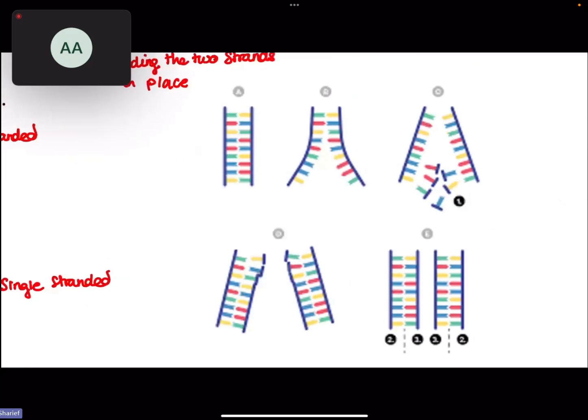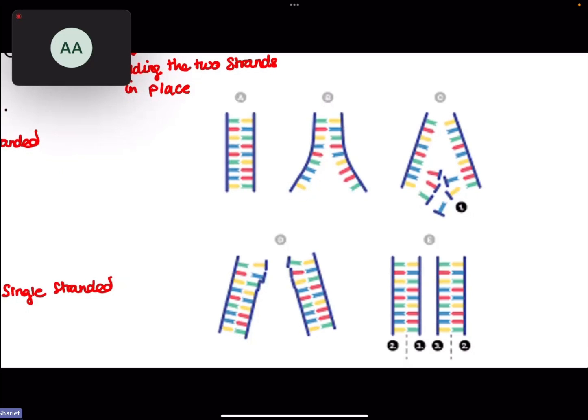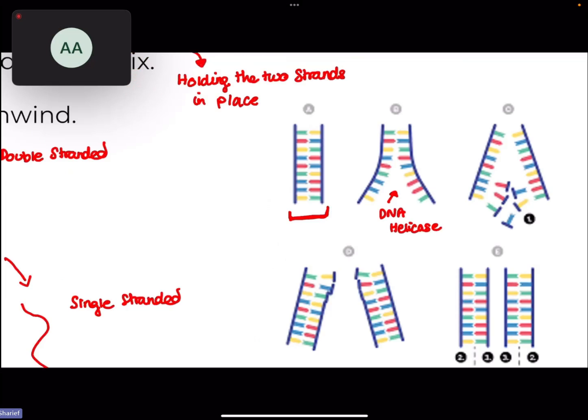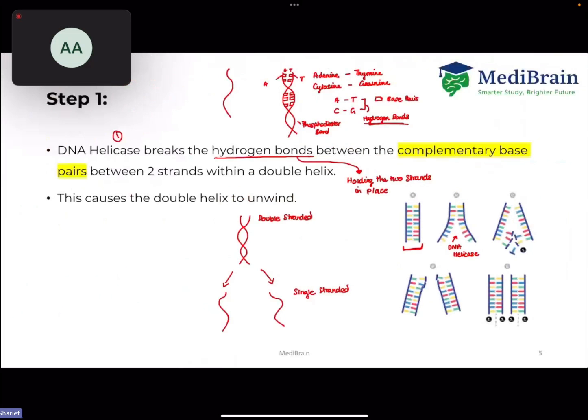So if we have a look at this image, this is normal DNA. And what's happening is that DNA helicase is coming in, and it's breaking these complementary base pairs. So each of them will just be a normal rectangle, a single strand.